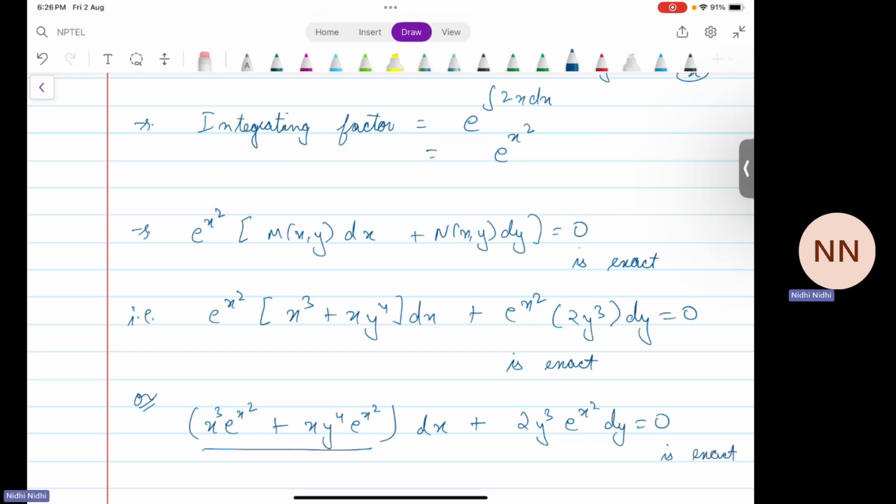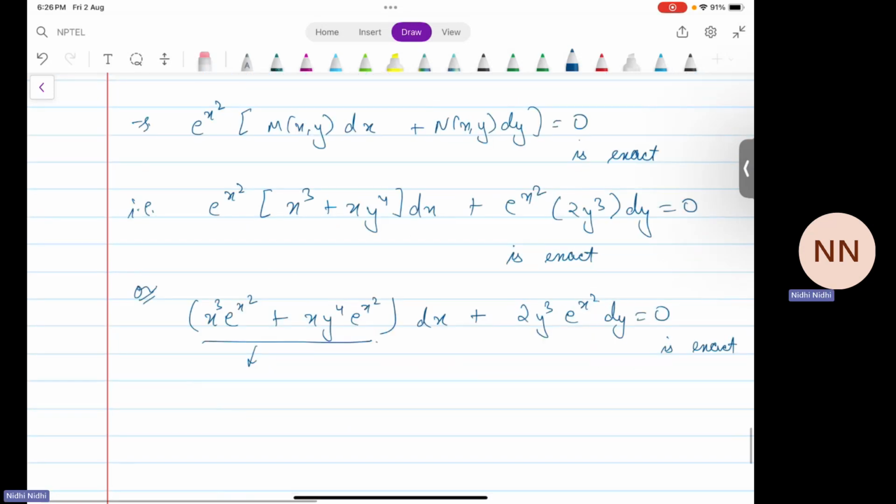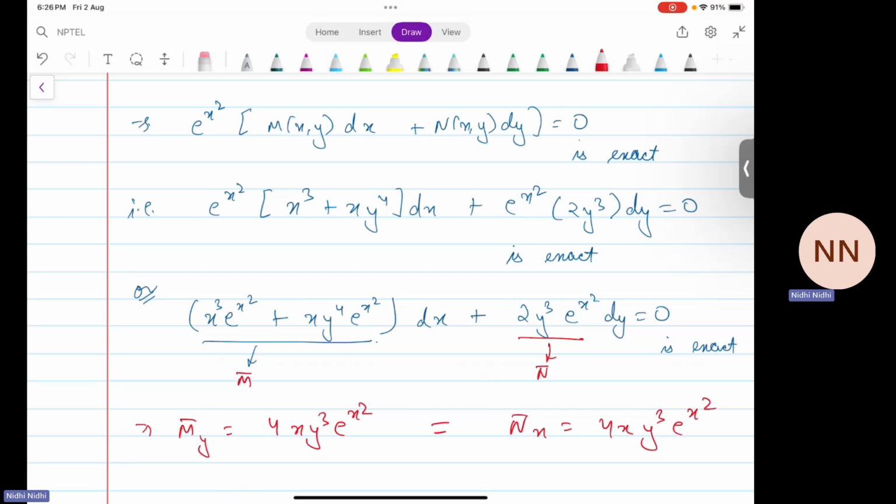You can clearly see that if we take this to be M bar and this to be N bar, then M bar y is 4xy cube e to the power x square and N bar x is equal to 4xy cube e to the power x square, which are the same.